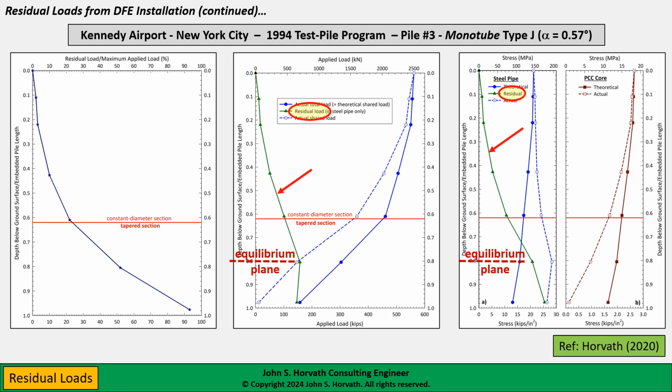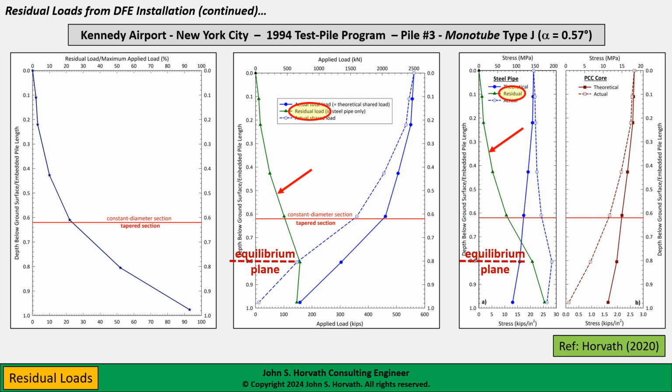So let's look at the residual loads first. We've seen this previously. Here's the residual load distribution, equilibrium plane, quite far down the shaft, well within the tapered section. And here we see the stresses in the steel pipe due to the residual loads. And notice that the stresses do not peak at the equilibrium plane, rather they peak at the toe of the pile in this case.